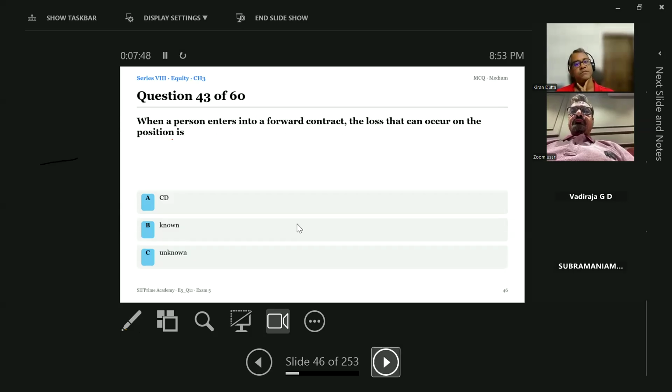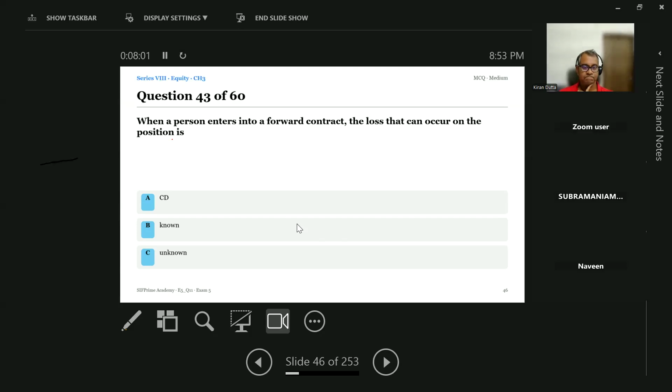Okay, next. When a person enters into a forward contract, the loss that can occur on the position is unknown. Loss is unlimited, so unknown. This is a little tricky.